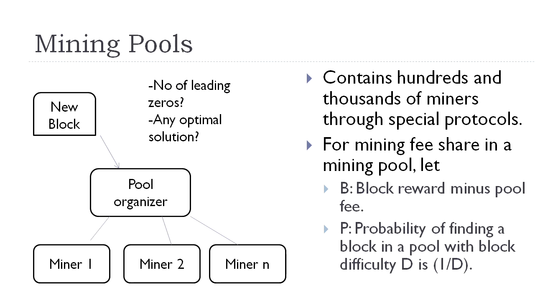So based upon these two, there are several mining fee sharing algorithms available. I'm not going into details of the sharing algorithms, but I will tell you what they are, such as pay per share, or proportional sharing, or pay per last N shares.